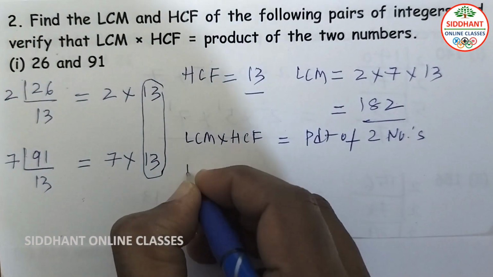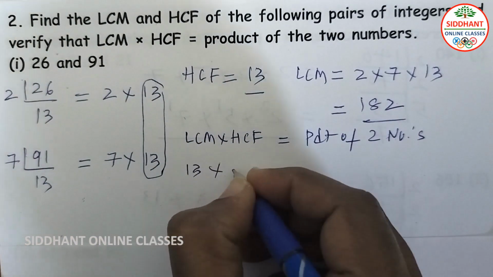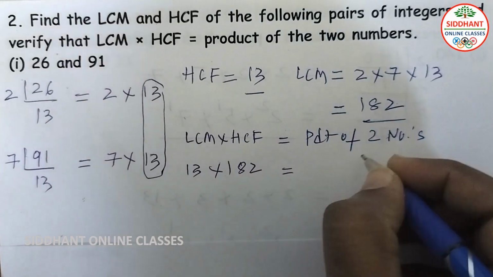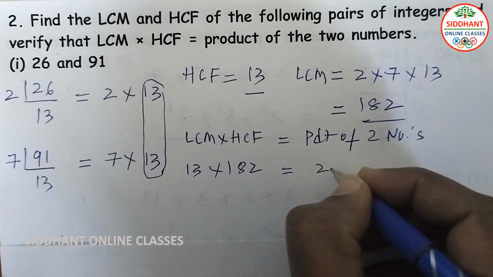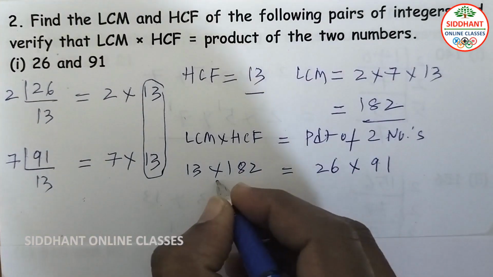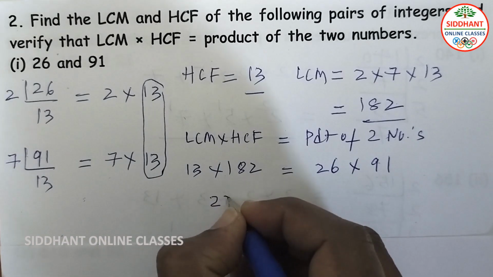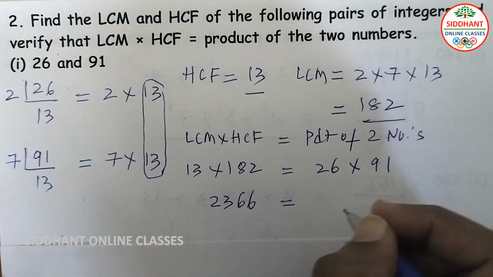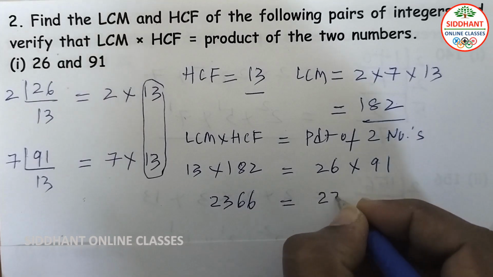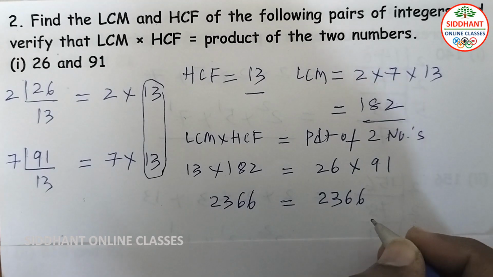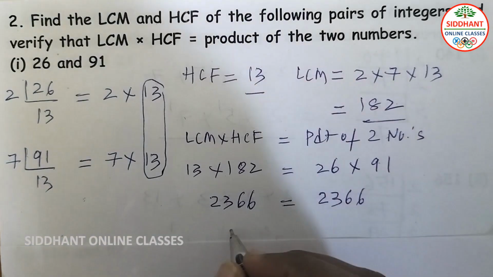HCF is 13 into LCM 182, and the product of the two numbers is 26 into 91. When we multiply this, we get 2366, and when we multiply the other, we get 2366. So these two numbers are equal.